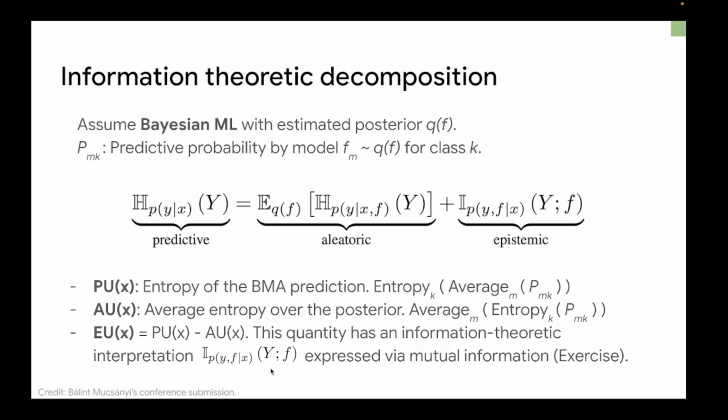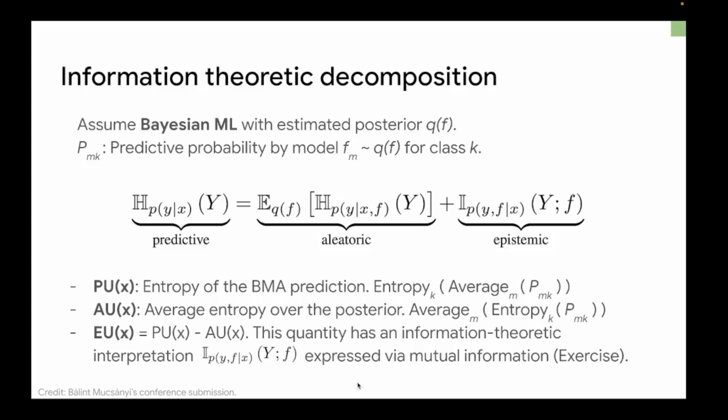But the nice thing here is that if you define it this way, then this quantity actually has an information theoretic interpretation, which is given by the mutual information between the prediction and the model weight.